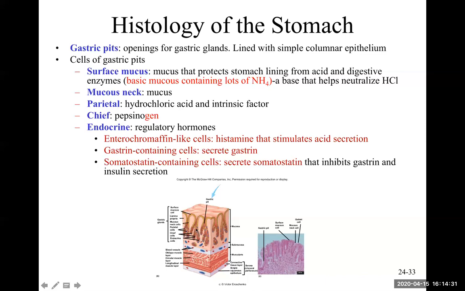So the parietal cells release the hydrochloric acid into the opening, and then the cells lining the opening have lots of basic mucus there. That basic mucus protects the stomach from its own hydrochloric acid.